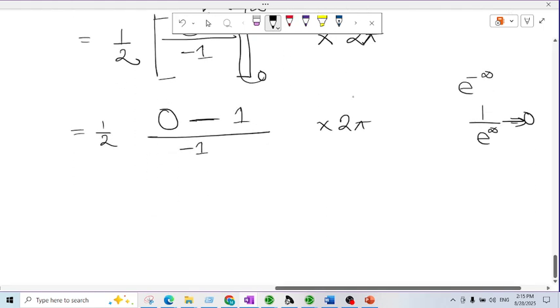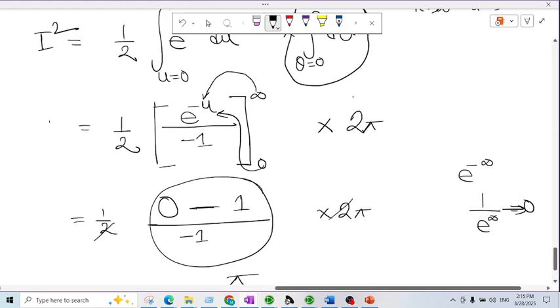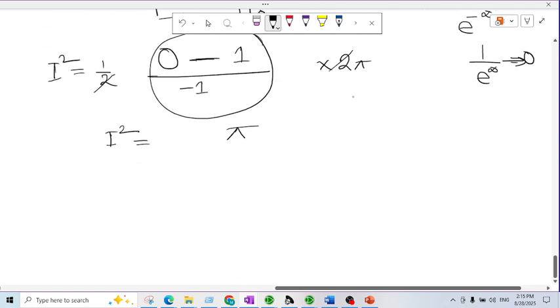Now from here 2 cancels out, this will be positive, and we have I. So that means I square is equal to pi. That means I is equal to root over pi. And what was I?